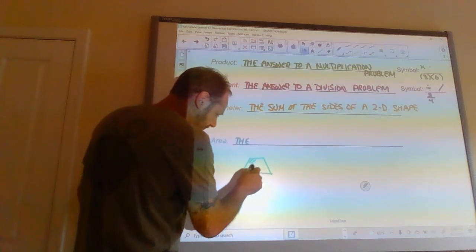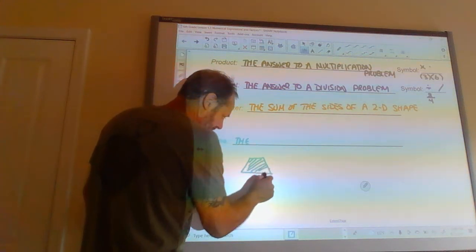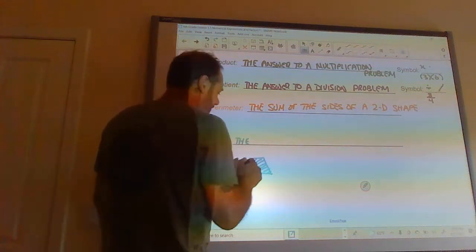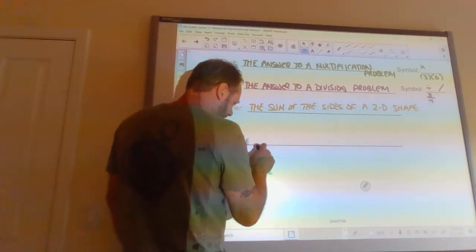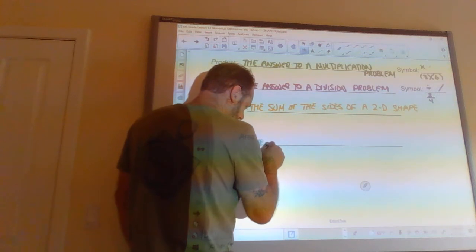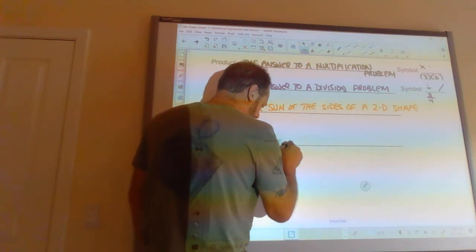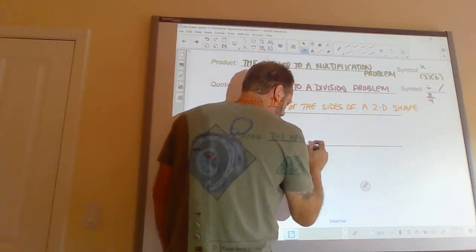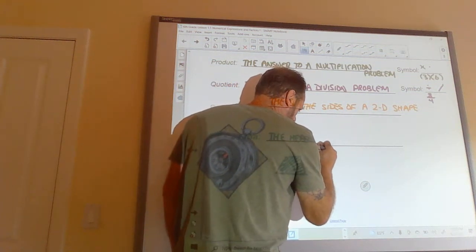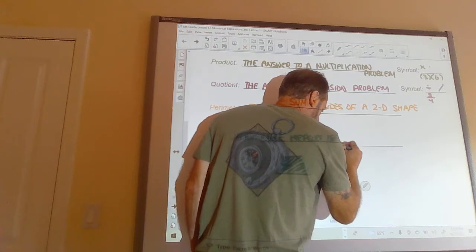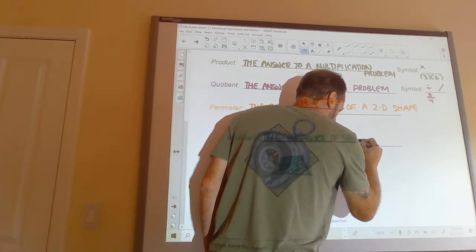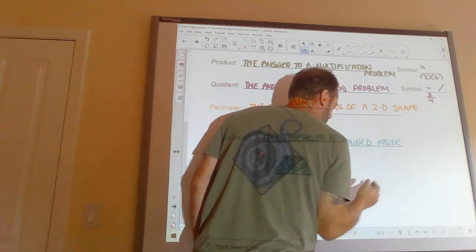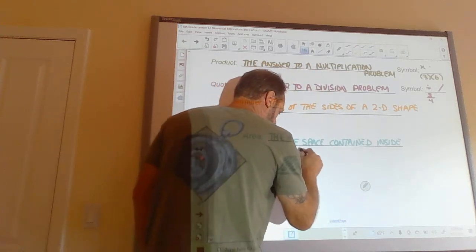The area is how much stuff you can fit inside there. Okay, so it's the measure of the space contained inside a two-dimensional shape.